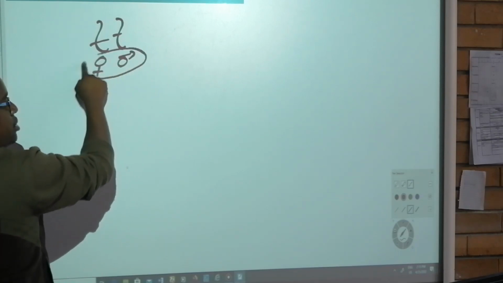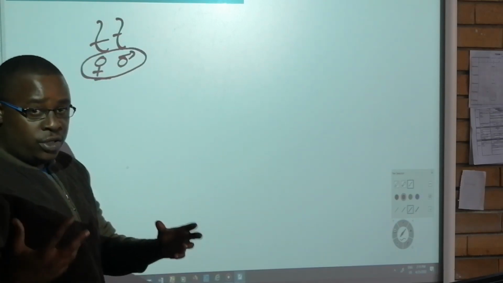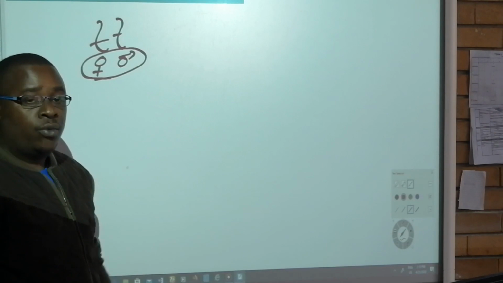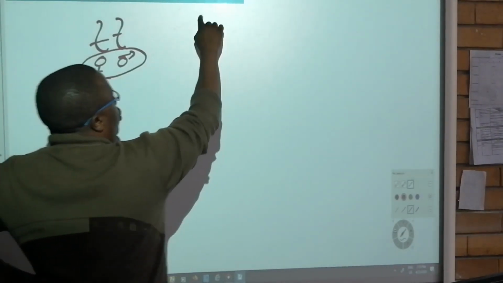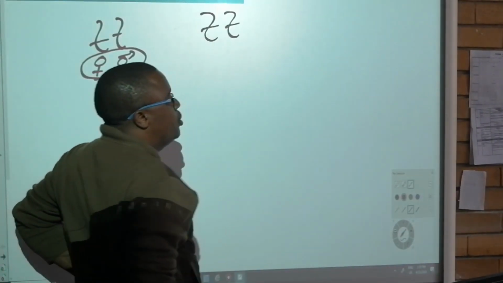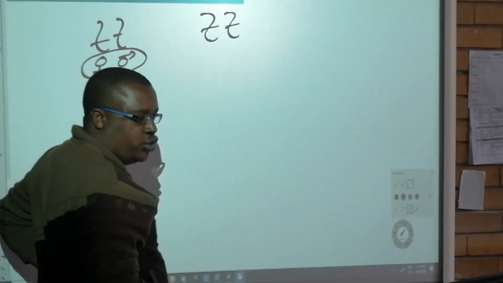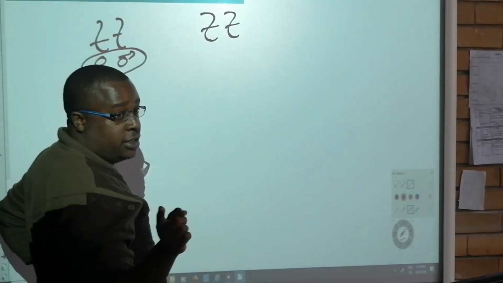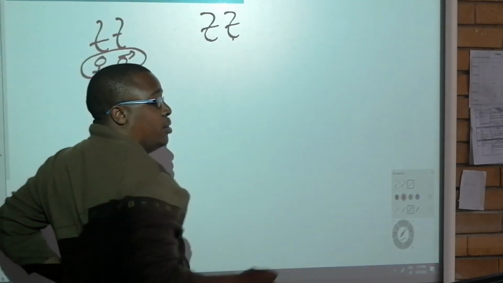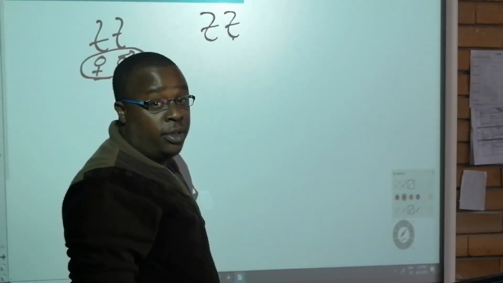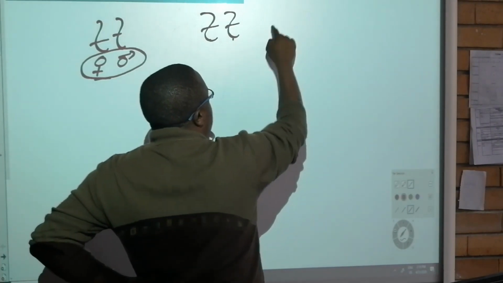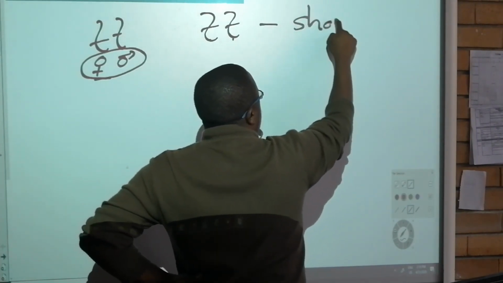You don't have to write these. I'm just putting them so that you can visualize where I'm coming from. Right, so this plant with the genotype like this, this allele calls for short in height in pea plants, and this allele also calls for short in height. So this pea plant would then appear short.